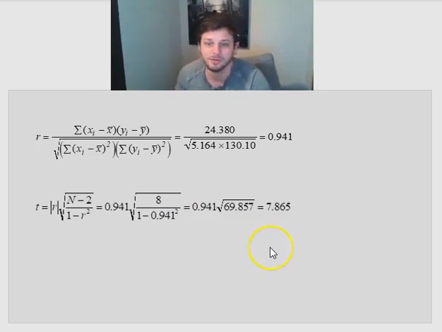At p equals 0.001, you get a t-crit value of 5.03. 7 is much bigger than 5. We reject the null. So we are saying that there is some sort of correlation between these two. Okay. So we find our t-value, and we're saying there's a significant correlation between these two variables, between pH and species richness.